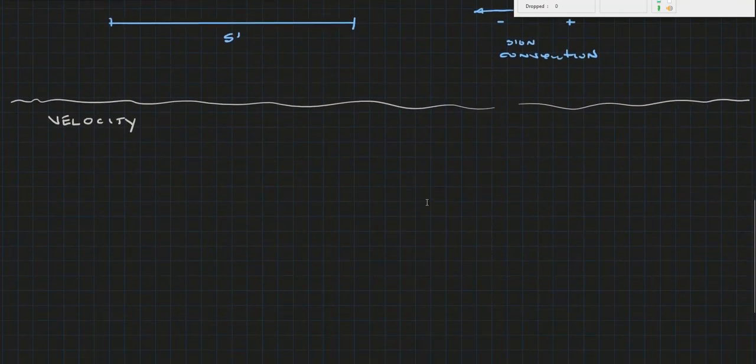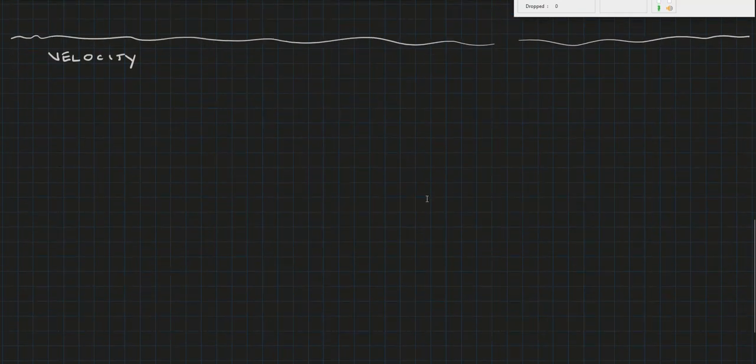Let's move on to velocity. If the particle moves, velocity in vector format has a magnitude and a direction. Speed is just the magnitude of velocity. Let's consider that our particle moves some delta s in some time increment of delta t.